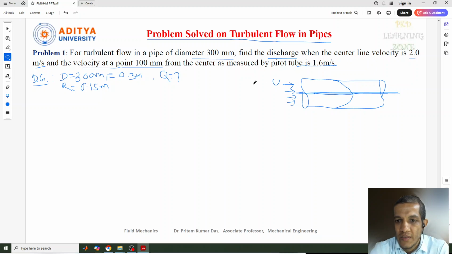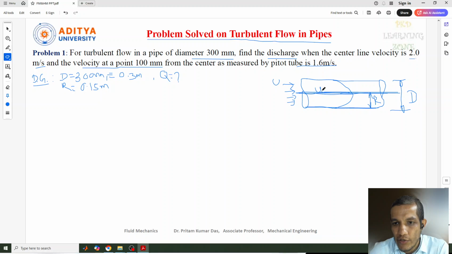This is the pipe, and the diameter of this pipe is the total, and this part is the radius. Here the center line velocity is given, that means the maximum velocity is given.